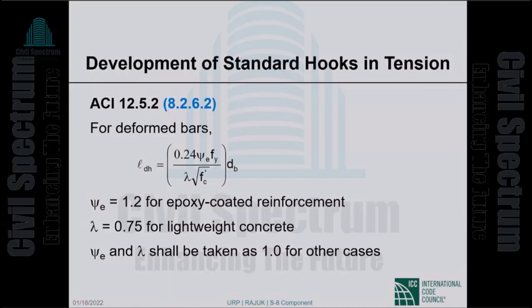Gamma is 0.75 for lightweight concrete. So those are the only two factors, psi sub E and lambda. Psi sub E and lambda shall be taken as 1.0 for other cases, meaning if you don't have epoxy coating, psi sub E is 1, and if you don't have lightweight concrete, lambda is 1.